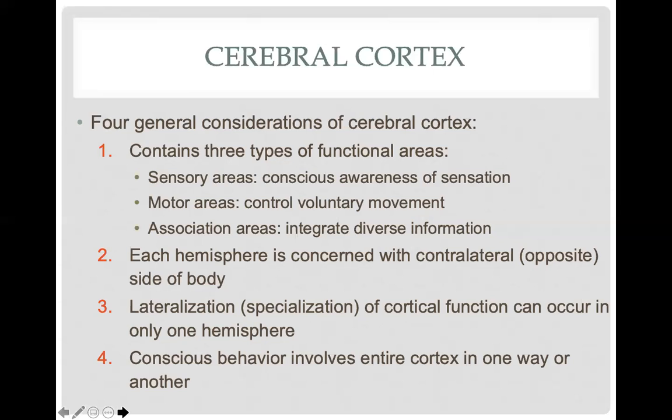And lastly, a large portion of your brain is dedicated to what we call association areas. Association areas are where you integrate diverse information to process what's happening around you from various senses.